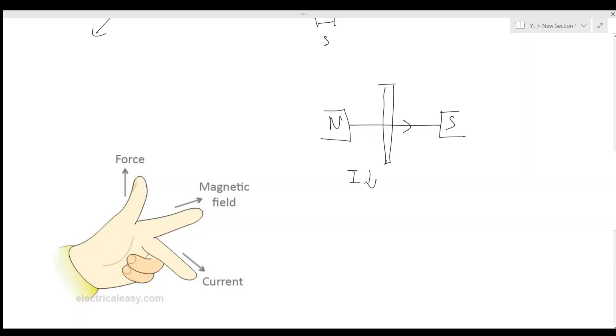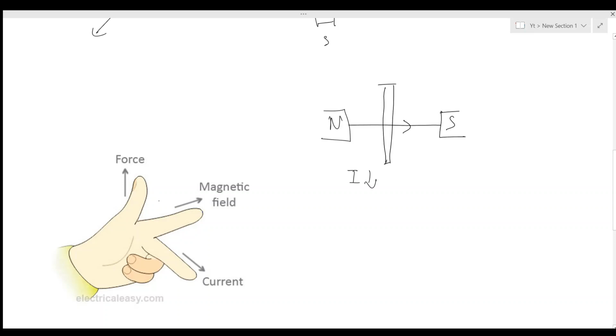When a current carrying conductor is placed in a magnetic field, because of the interaction between the magnetic field that's induced by the current carrying conductor and the magnetic field that already exists between the two poles, a force is exerted on this current carrying wire. And the direction of the force is given by Fleming's left-hand rule.